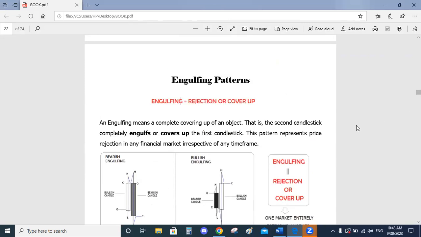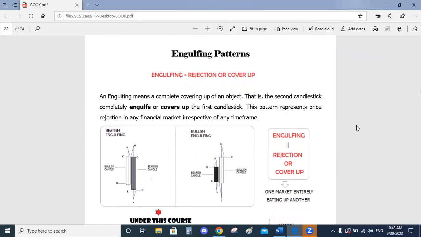So what is the meaning of an engulfing? It is simply a covering up of a particular object, a complete cover-up or price rejection. That's what engulfing represents. It's simply a cover-up. So the bullish guy tried to come up, pushing the price higher, while the recent candle covers it up, closes it up.